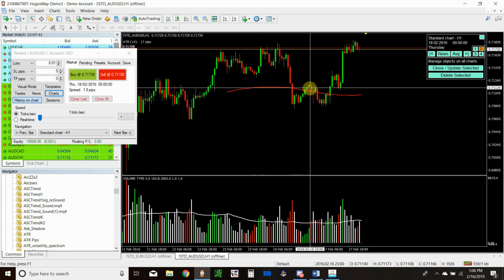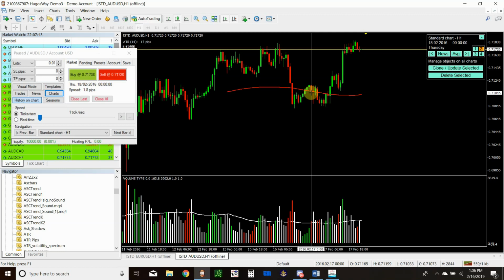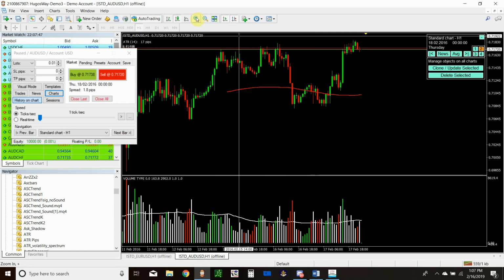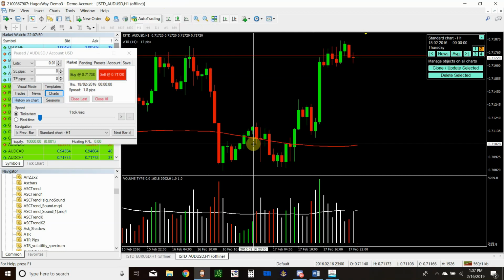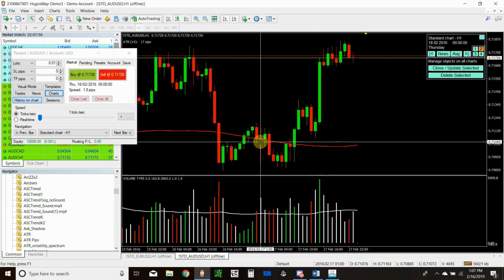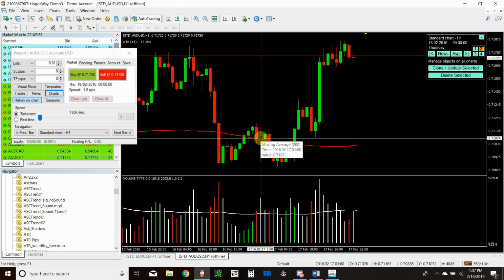So there's a red line there. We technically would have entered right here at the bottom of that candle. I'm going to zoom in a little bit. There we go. Better. So we would have entered right here at the end of that candle. This candle began right there? Okay.